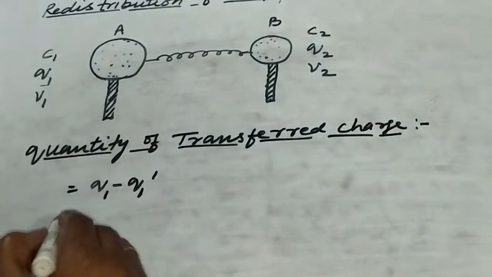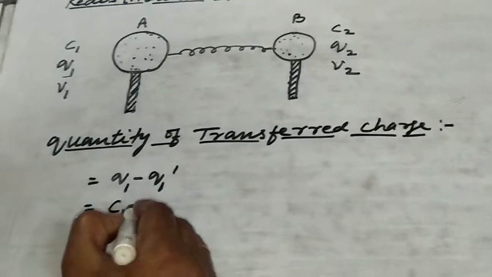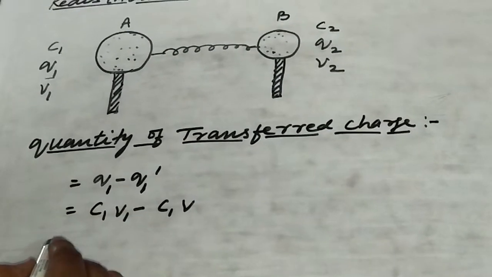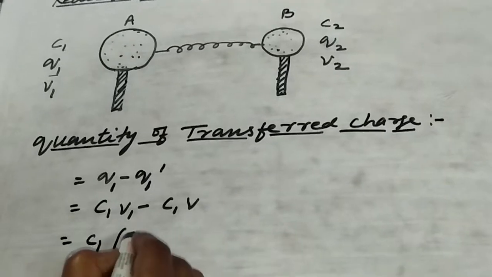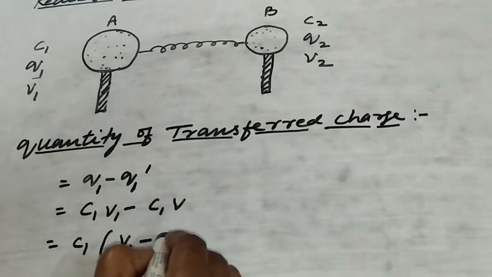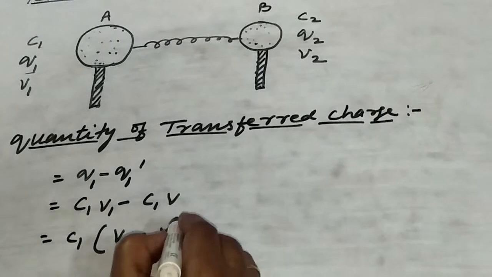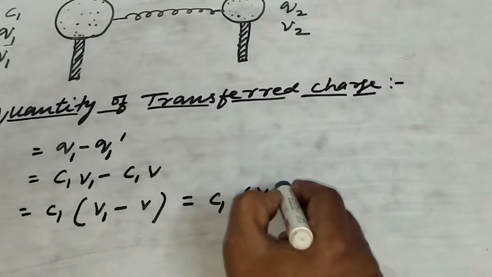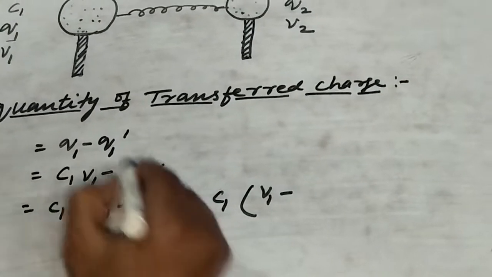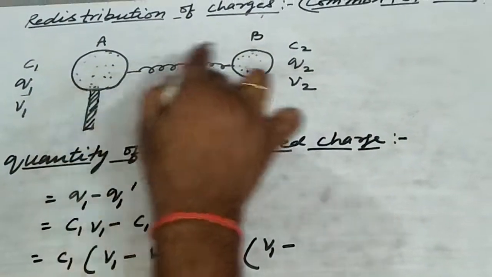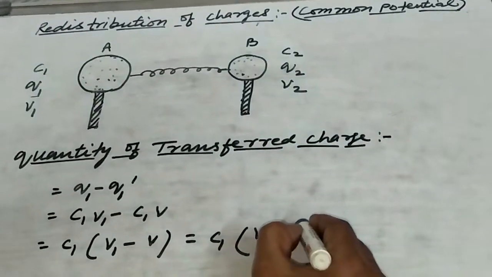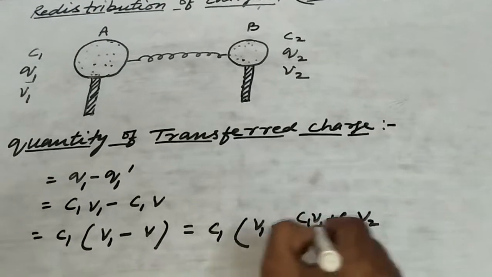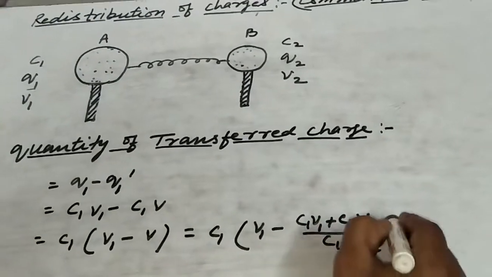And Q1 minus Q1 dash, as you know, Q1 is equal to C1V1 and Q1 dash is C1V. Here take C1 common, we get V1 minus V. And now this is equal to C1 times V1 minus V, where V is the common potential acquired by both conductors A and B, and the expression for that common potential is C1V1 plus C2V2 upon C1 plus C2.